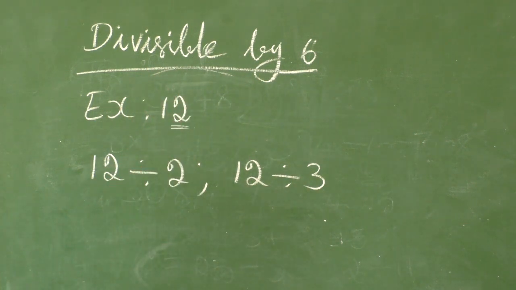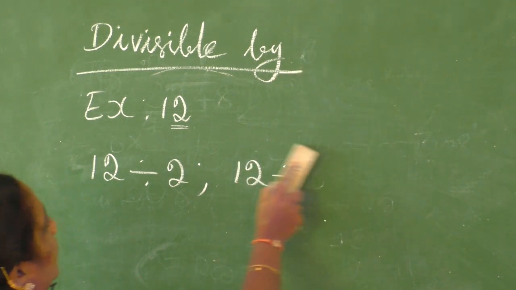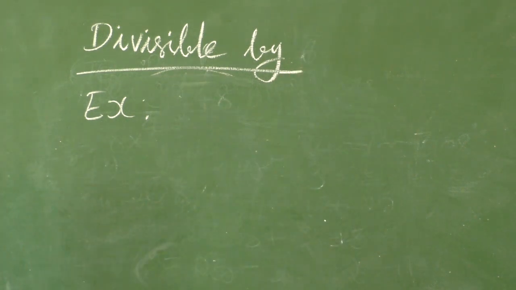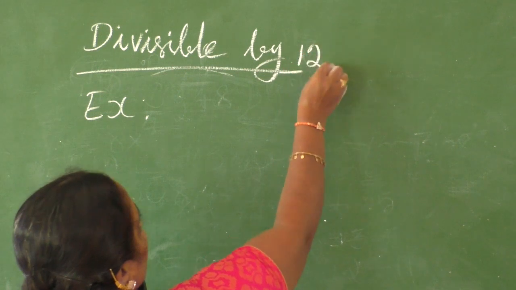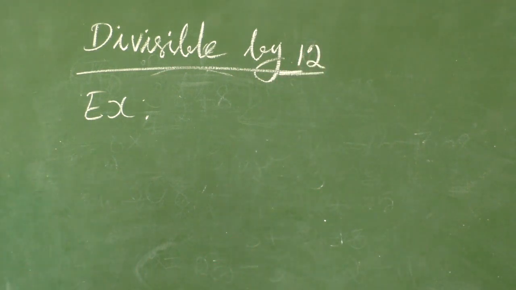Next one, the divisibility rule for 12. What is the rule to be divisible by 12? If the number is divisible by 3 and 4, then definitely that number will be divisible by 12 also.